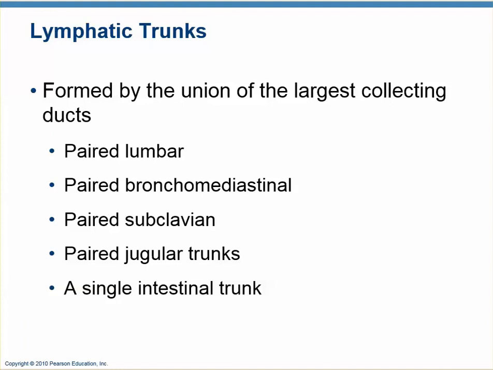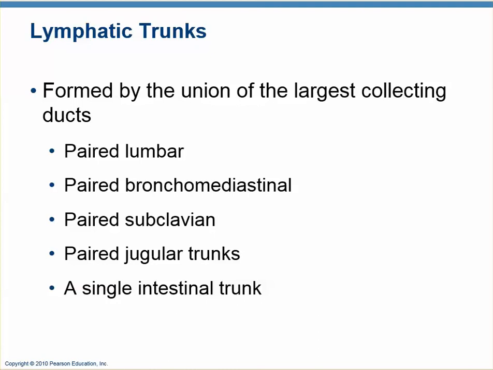There are two that drain the thorax, the area around the lungs, the heart, and the esophagus, one on either side. They're called the bronchiomediastinal. There are two that drain the upper limbs and pass underneath the clavicle, called the subclavian.